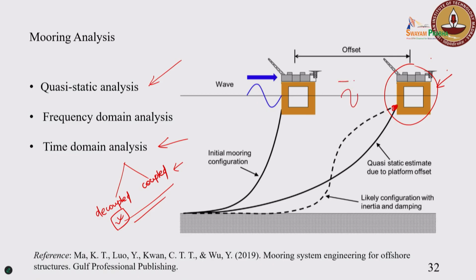Then when your excitation is set, since you have already programmed your vessel to behave this way, you connect your mooring lines. This is primarily done to understand the extreme load that your mooring line will experience for that scenario. This is what the industry generally practices, the decoupled approach. Coupled we generally do for research activities and other things, but if you are able to accelerate to get the result, then this can also be adopted.